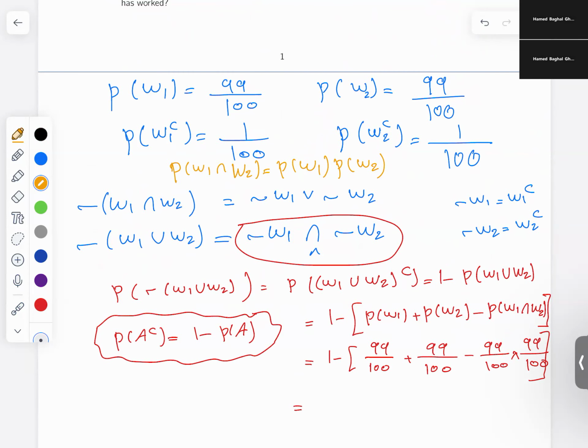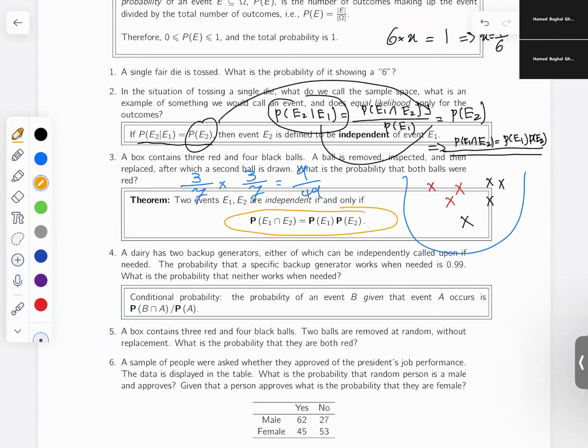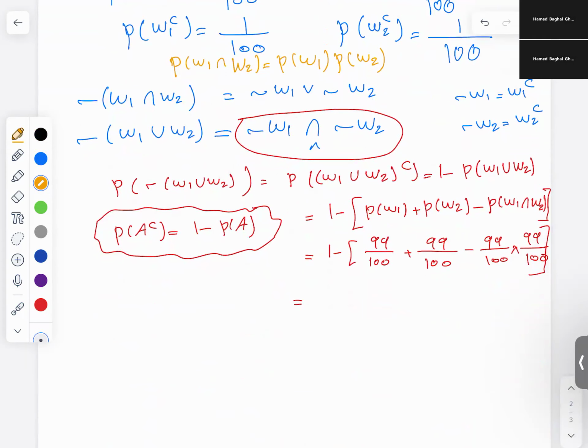So I just used this one. Look at here. I used this one. 1 minus 99 over 100 minus 99 over 100 plus 99 power 2 over 100 power 2.